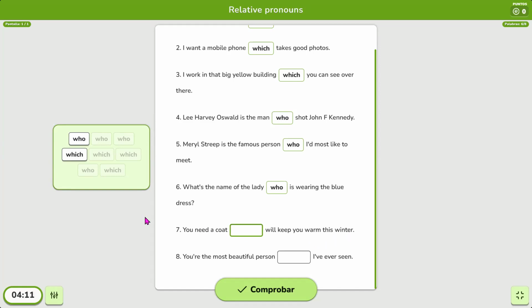Yes. Is which? Right. Continue, my dear, with the last one. You're the most beautiful person I've ever seen. Is who? Who?